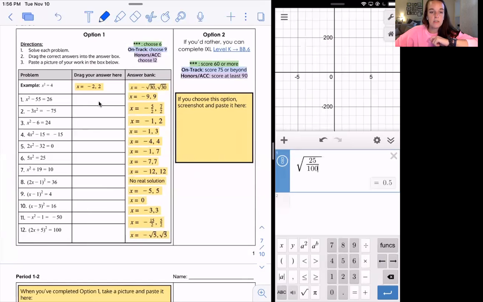And then once you solve it, you're going to look for your answer, and you're going to drag that answer. Let's say you think this is the answer. You're going to drag that answer into this box. So at the end, you should have at least your numbers dragged into the right boxes. You're actually going to drag those yellow things in there.